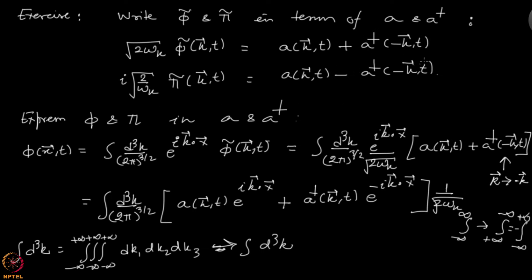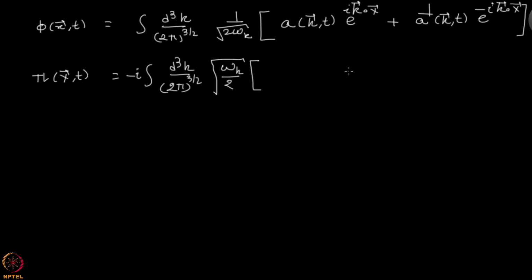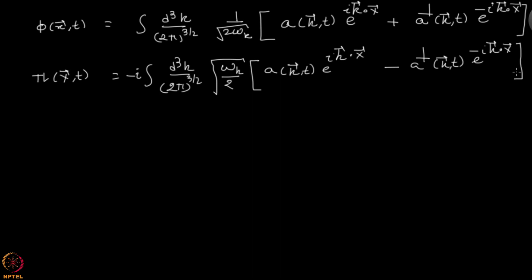So this will do exactly what it did for phi, and there will be a minus sign. Let me check. Yes, this is correct. So these are our phi's and pi's in terms of A's and A daggers. This will be utilized later.